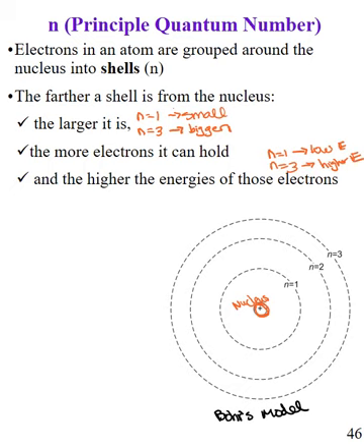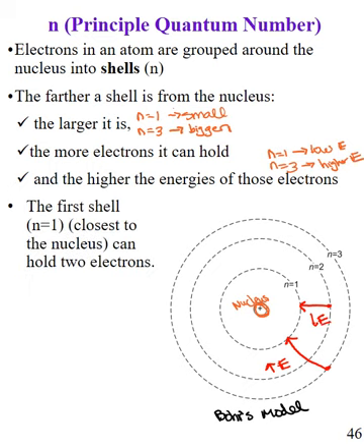For n equals 1, that's like a first-story building. With n equals 3, that's a third-story building. If an electron goes from n equals 3 to n equals 1, that's quite a bit of a jump, right? If instead they went from n equals 2 to n equals 1, that's not as much of a jump. So you have high energy when you have a big jump, low energy when you do a small jump.